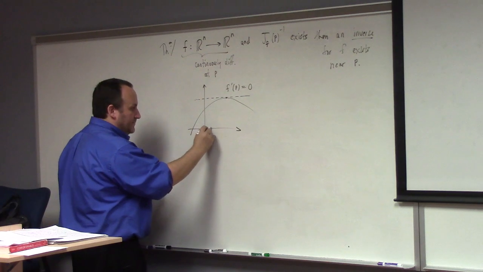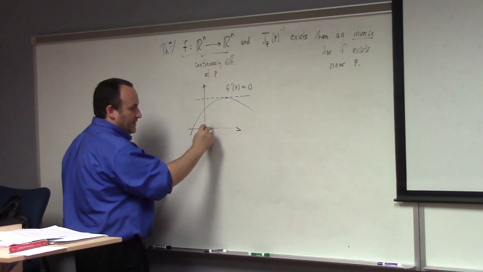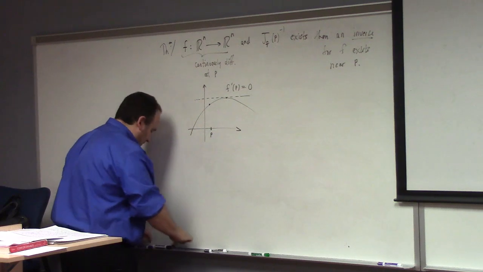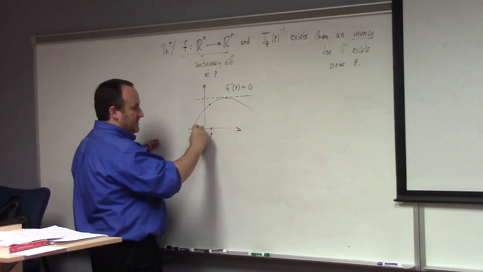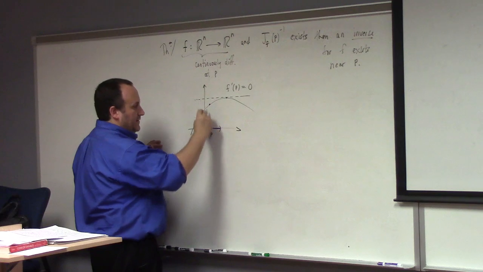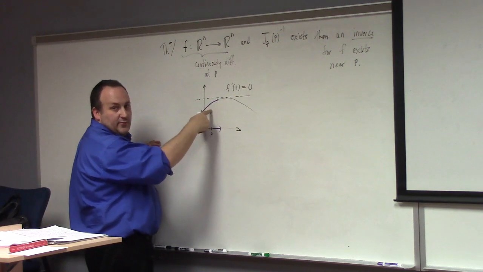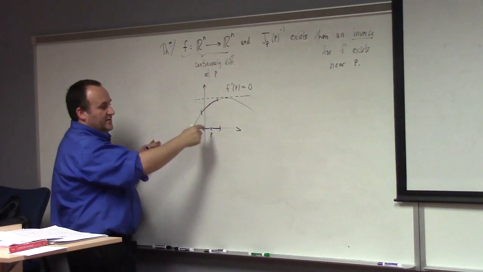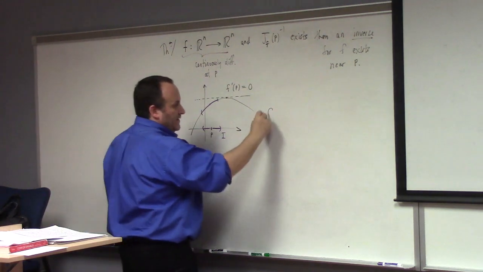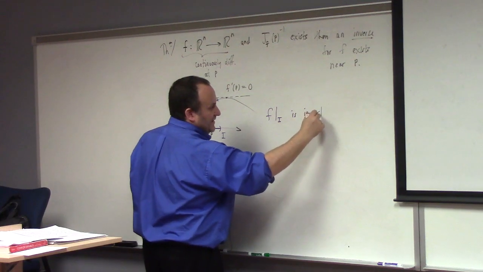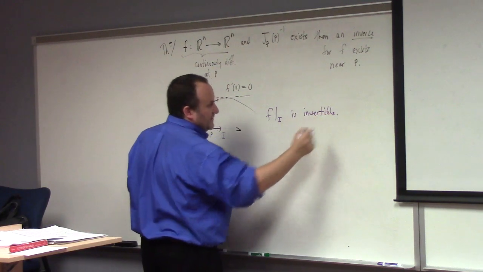Now over here, on the other hand, if I just look close to the point, like here, then that part of the function passes the horizontal line test. And so if I call this I, f restricted to I is invertible. This is the idea of a local inverse.